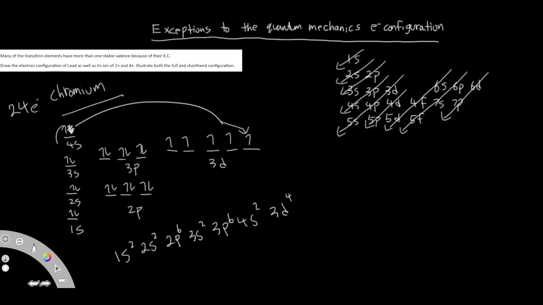Even though this 4s here only has one less. Now you may be thinking, if this 4s only has one electron left, then wouldn't this be extremely unstable? Technically, you're correct. It would be extremely unstable. However, this 3d here has 5 orbitals.